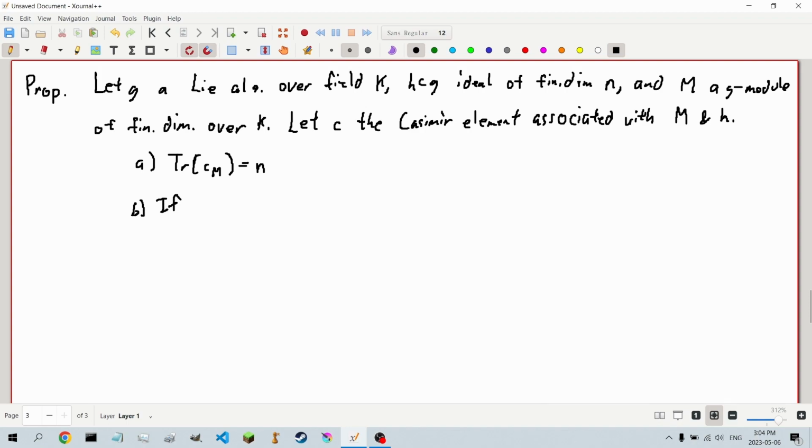Second assertion, if M is simple, containing no substructures that are stable under, you know what I'm getting at, and the characteristic of K does not divide the dimension of H, then C_M is an automorphism of M.